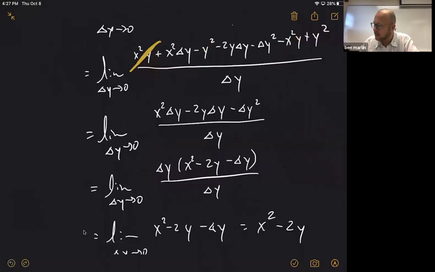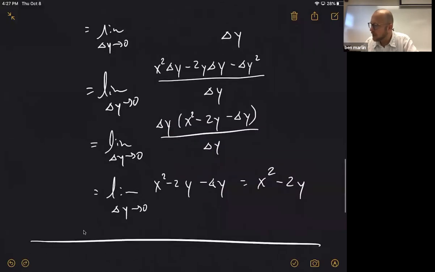In this stage here, we can see that everything has a factor of the delta y, so we can factor out that delta y and then cancel, all right?